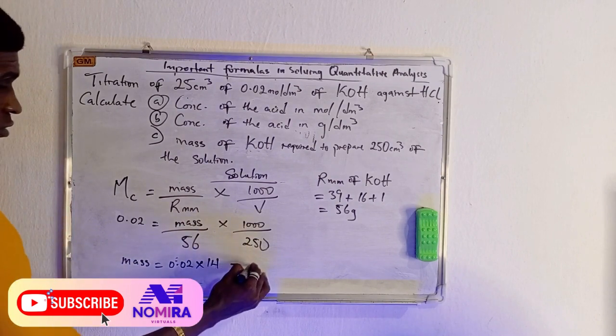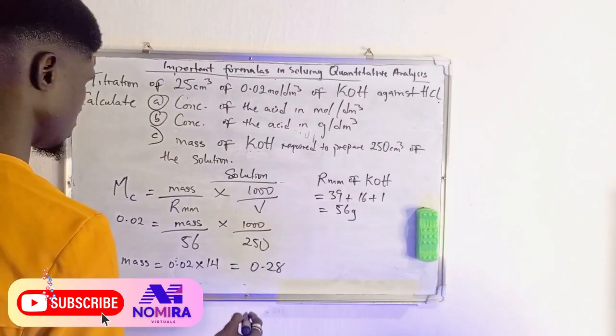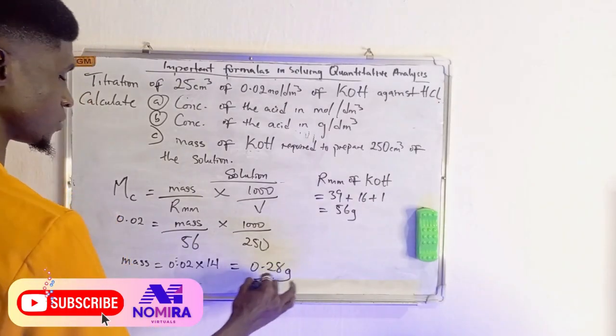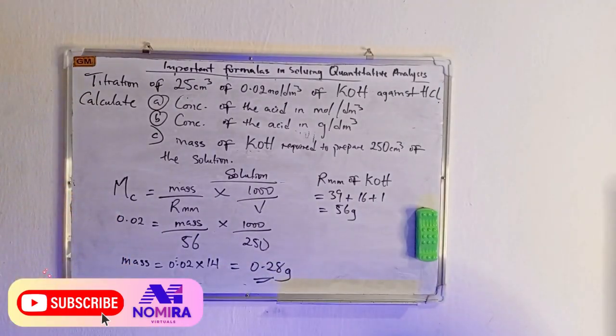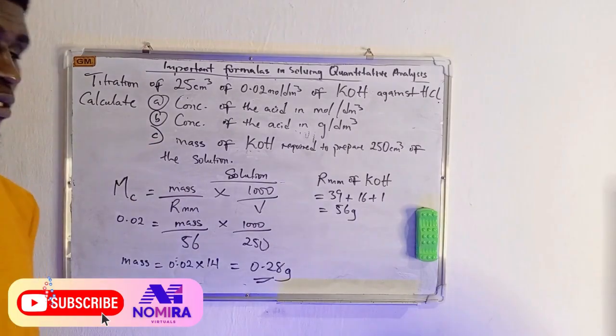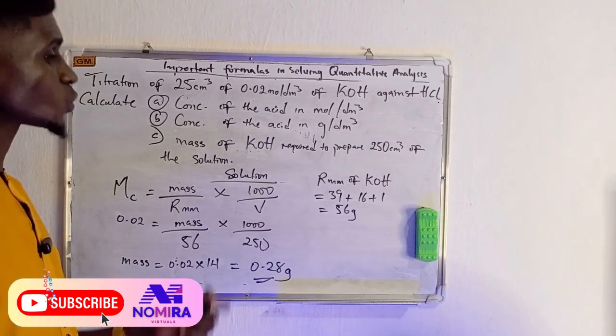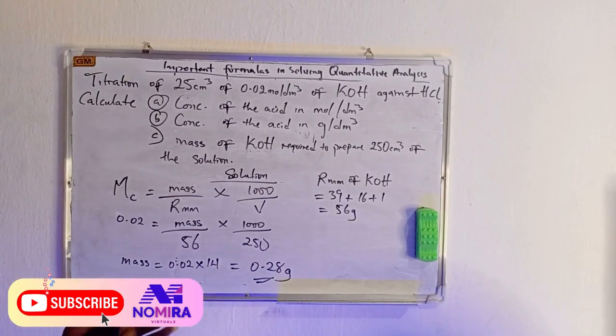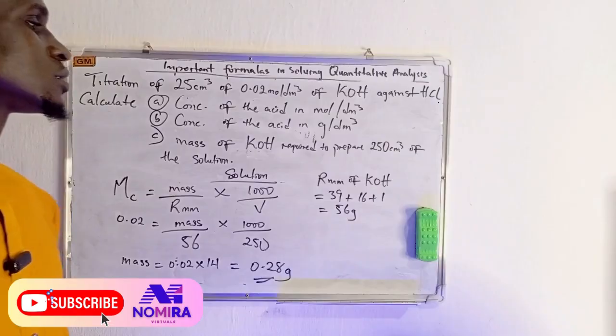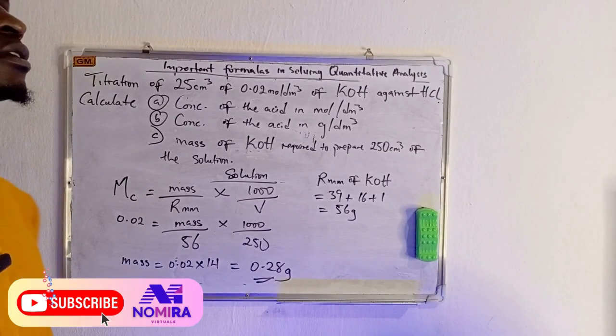That is 0.28. This is in gram. Okay, we have been able to solve this. Is that okay? So these are the formulas we use in solving questions involving quantitative analysis.